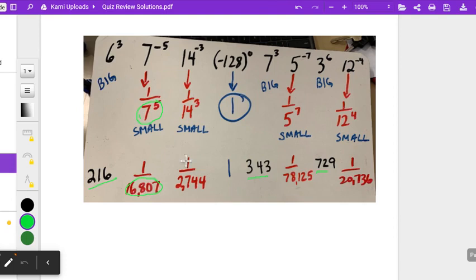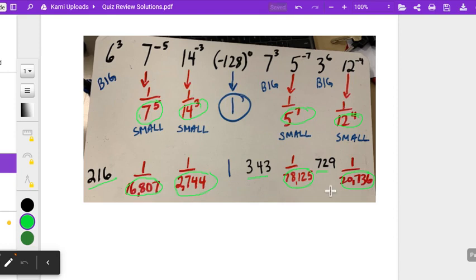So it's very, very small. 14 cubed, we can do that on our calculator. That's 2,744. Similarly, these denominators we can also calculate just by calculating these powers and putting them in the denominator under 1.